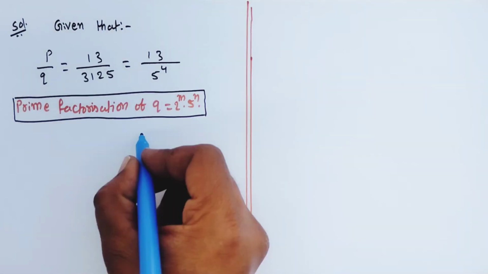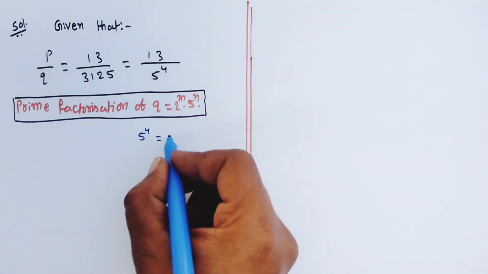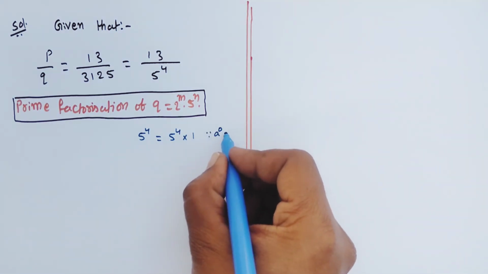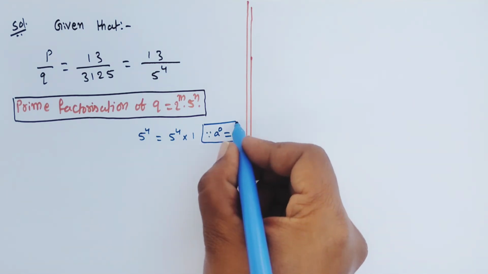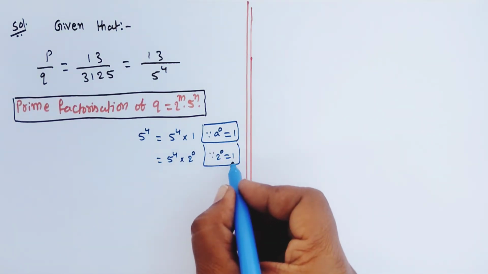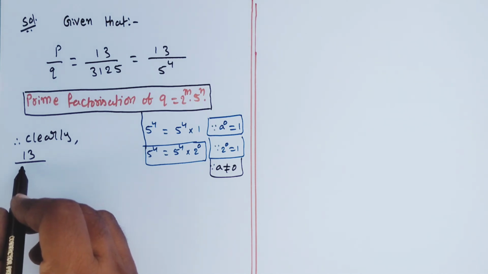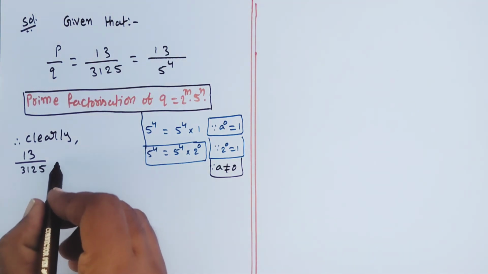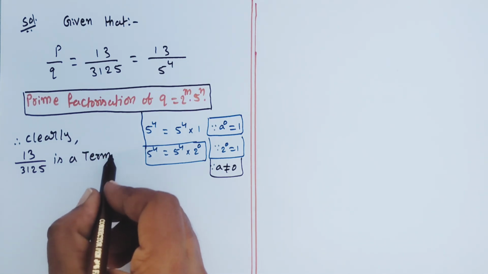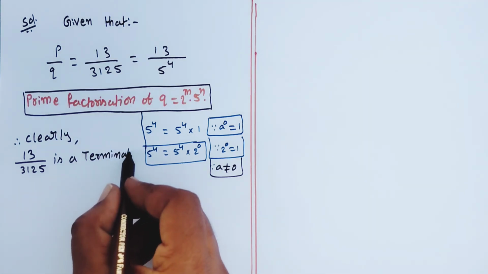We check it. So 5 power 4 can be treated as 2 power 0 into 5 power 4. We know that a power 0 equals 1, so 2 power 0 also equals 1. So the prime factorization of q is in the form of 2 power m into 5 power n. Clearly 13 by 3125 is a terminating decimal.